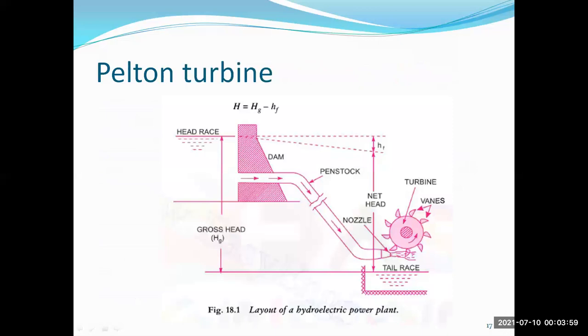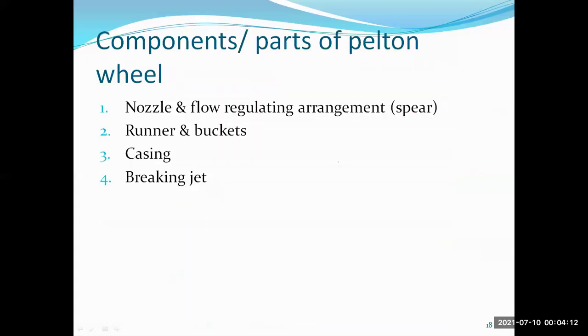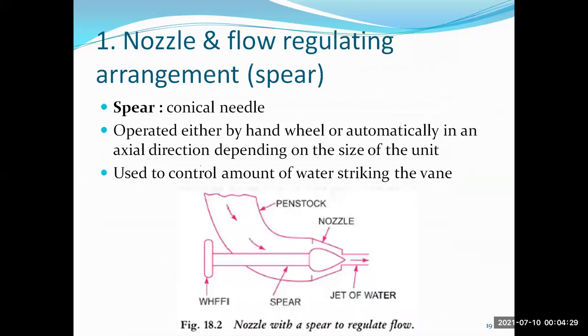Let us see the components of this Pelton wheel turbine. This is a typical layout of the hydroelectric power plant, which we have already discussed, showing where the turbine will be located. The components of the Pelton wheel are the nozzle with a flow regulating arrangement called a spear, the runner and buckets, the casing and the braking jet.